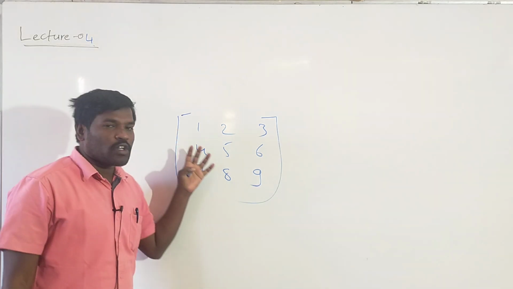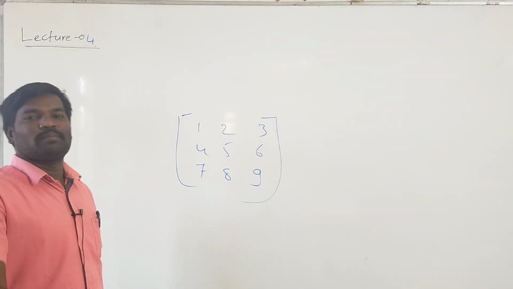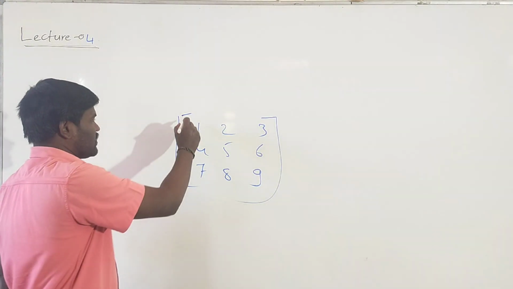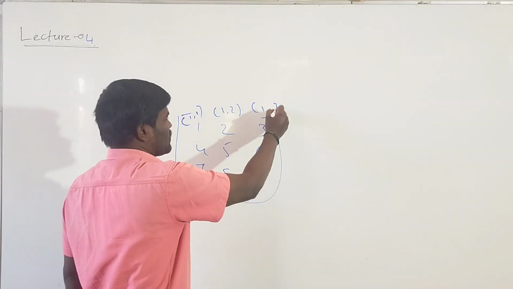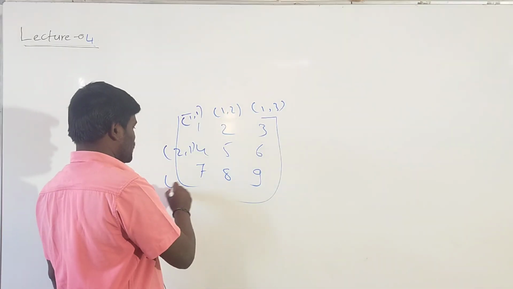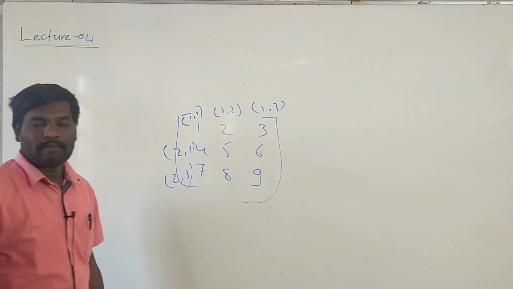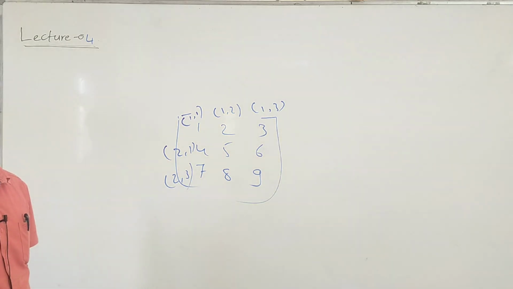The transpose of a matrix is where rows become columns and columns become rows. See here, 1 comma 1, this is 1 comma 2 and 1 comma 3. See here, 2 comma 1, 2 comma 3. So this is the row and this is the column.